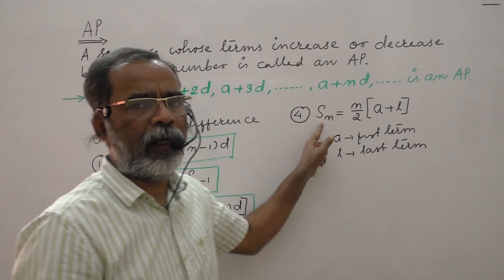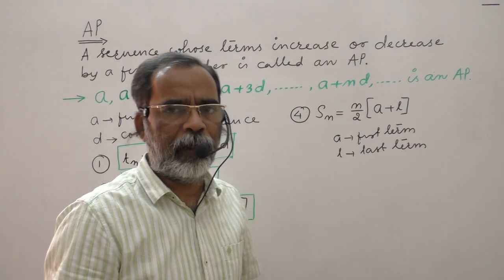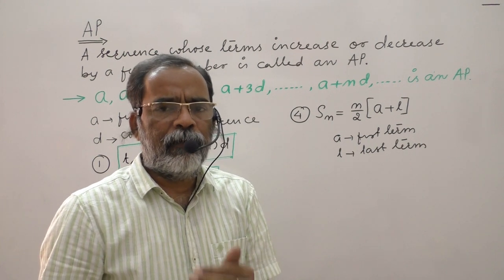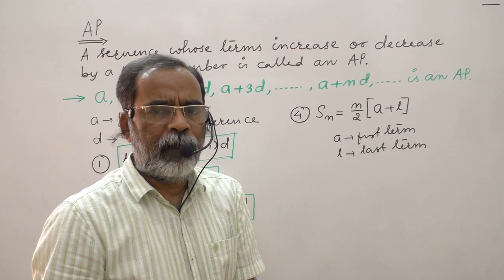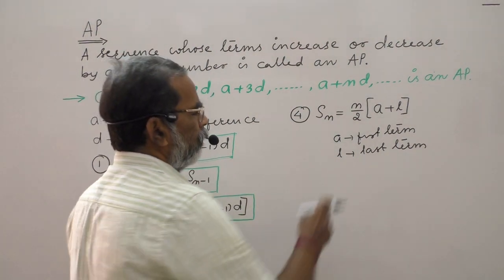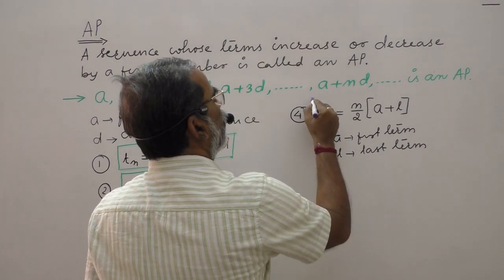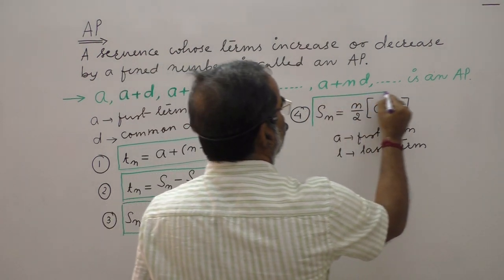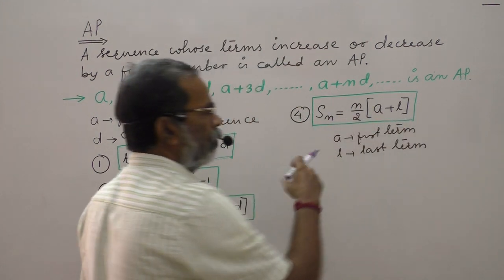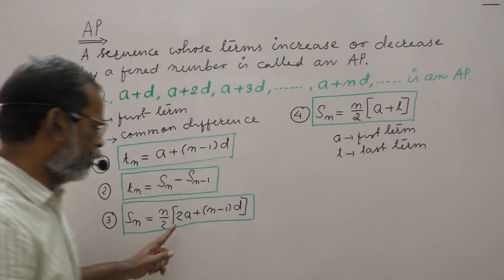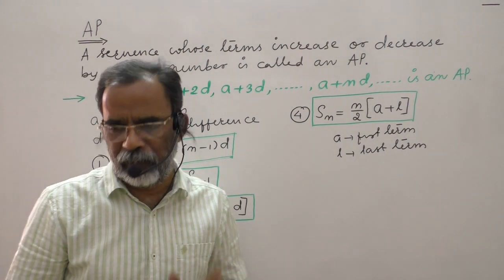Here we have written Sn, that means the sum of the first n terms of an AP. Since it is the sum of the first n terms, the last term will be the nth term. When the first term and last term are known, then the sum can be found using this also. This is applicable when you know the first term and last term. The previous one is applicable when you know the first term and common difference.